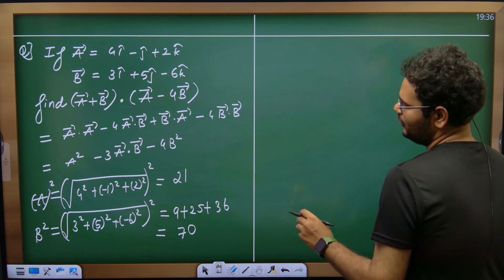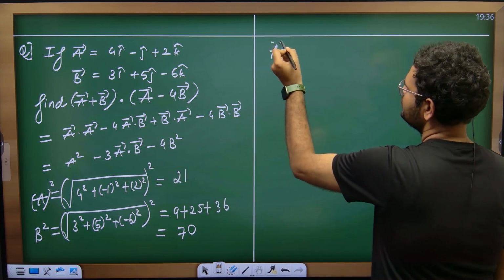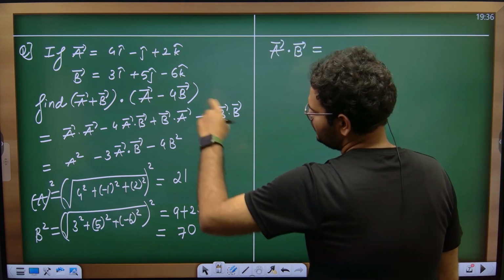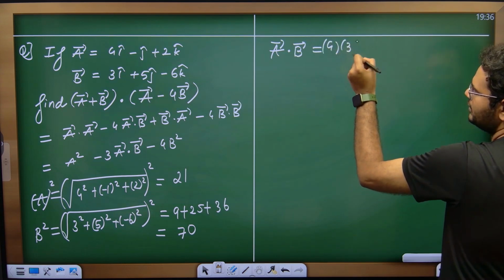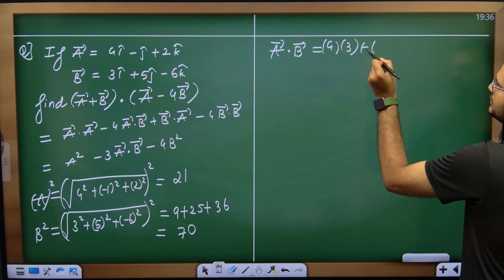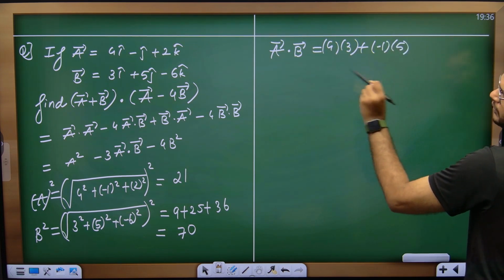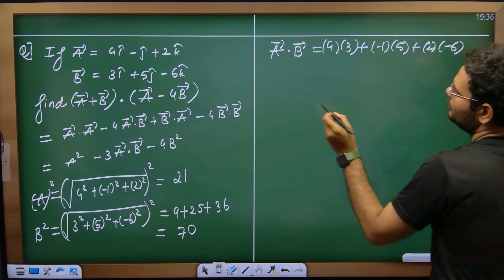Fine. Now, what about this A dot B? First, I need to find A dot B also. A dot B is simply the dot product of these. So A1 A2: 4 into 3, plus minus 1 into 5, and then plus 2 into minus 6. How much is this?